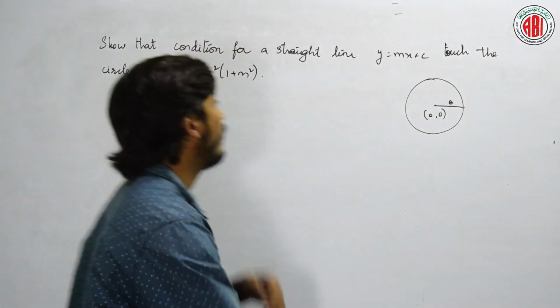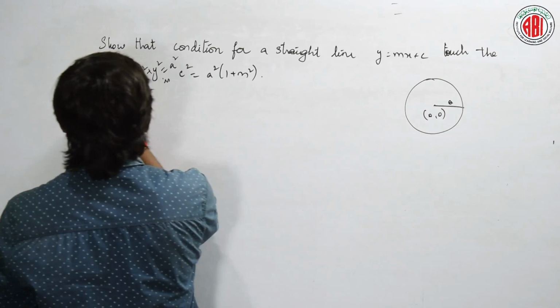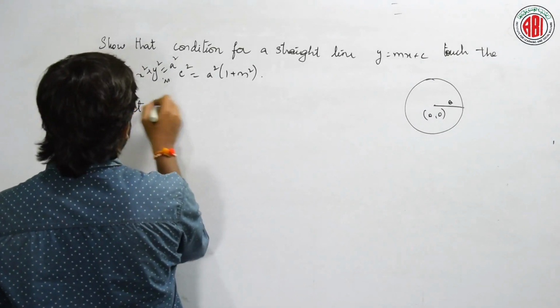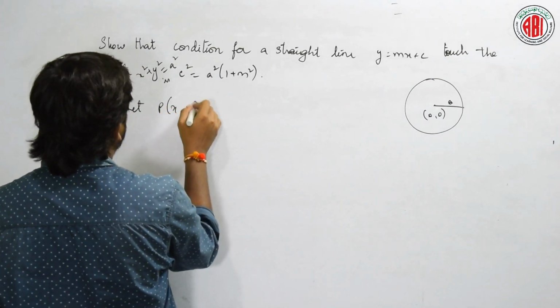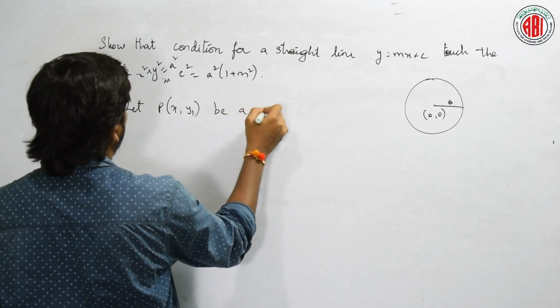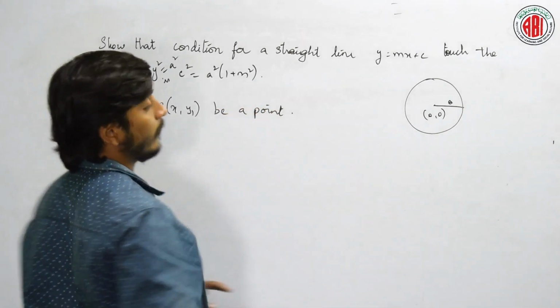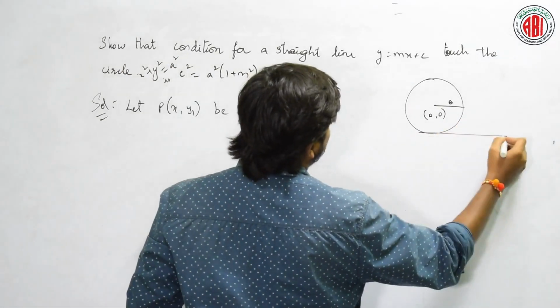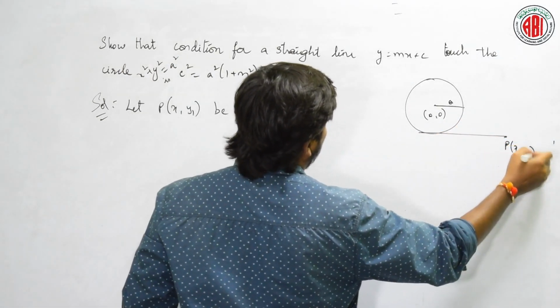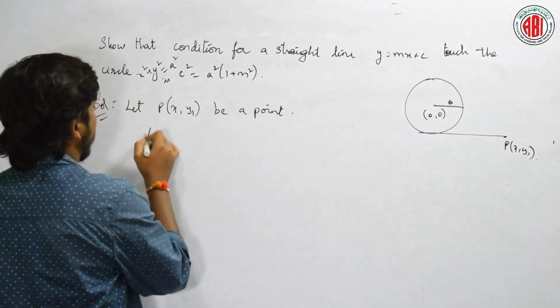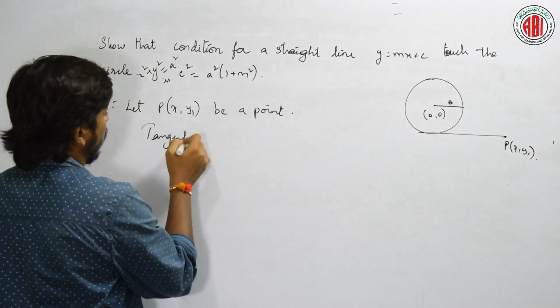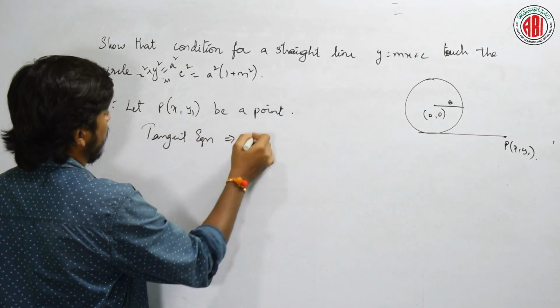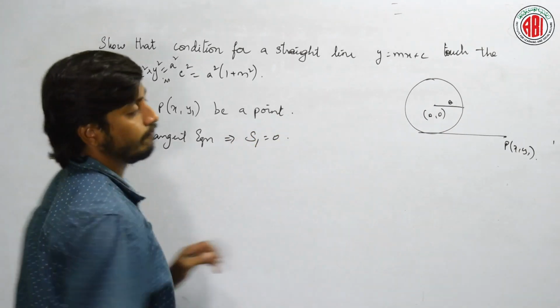Clear? So, let us assume some point, let P be a point. If I want to find the equation of a tangent from a point P, what is the formula? Tangent equation is S1 equal to 0.